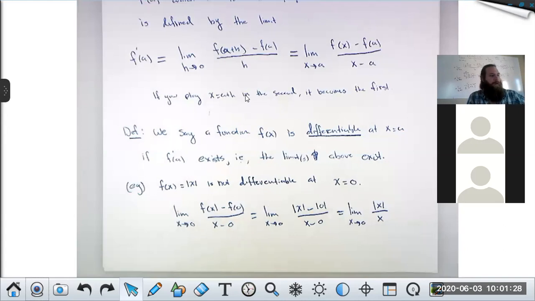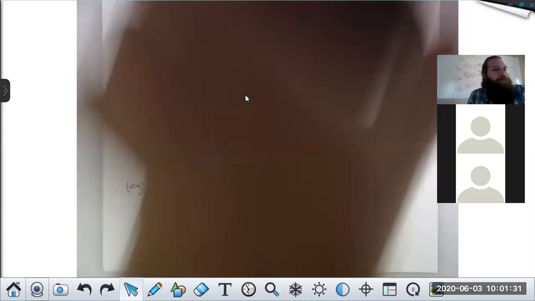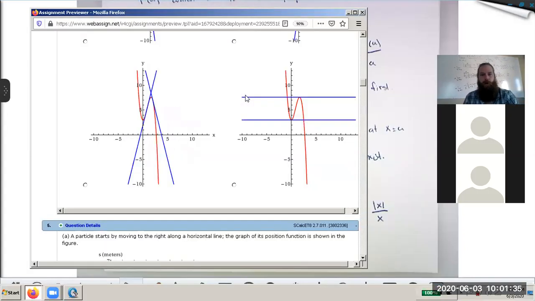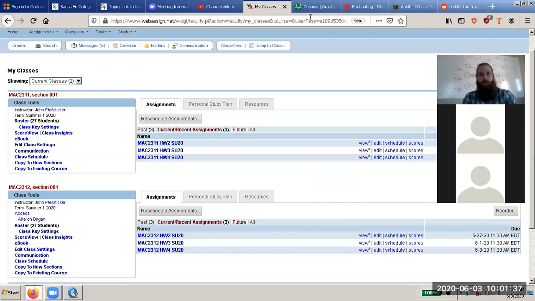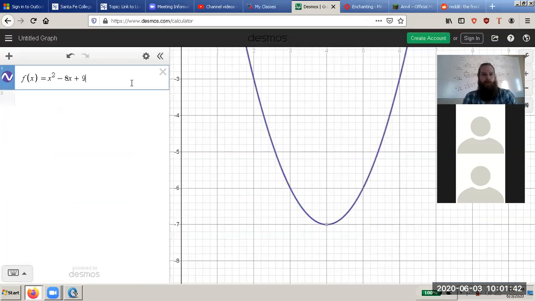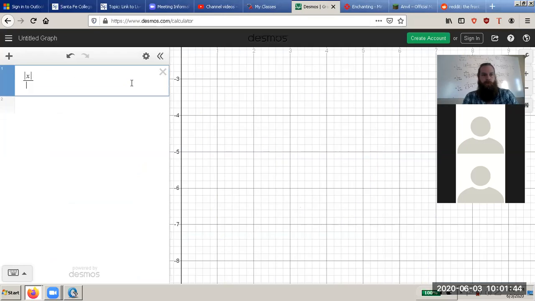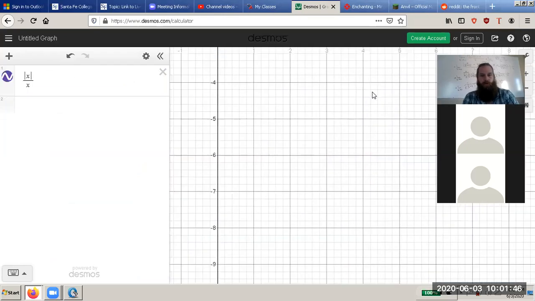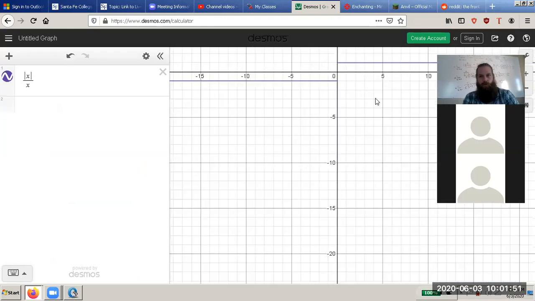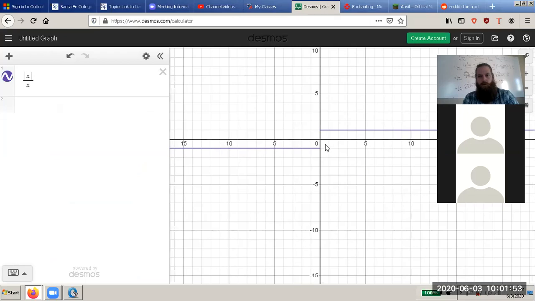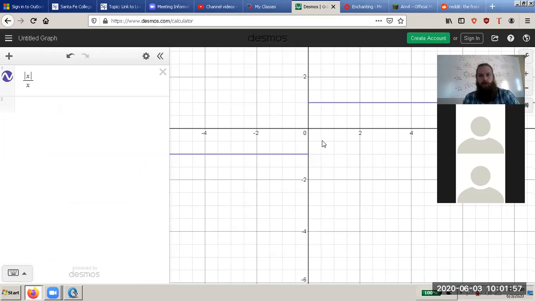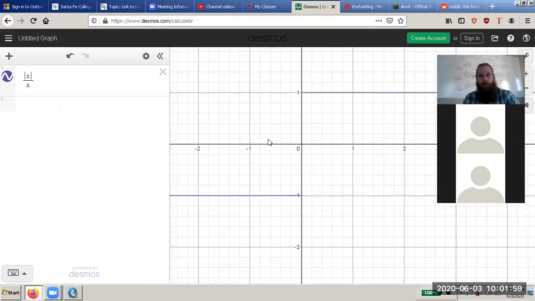We looked at it back when we talked about continuity. And to remind you, here's what the graph of the absolute value of x over x looks like.